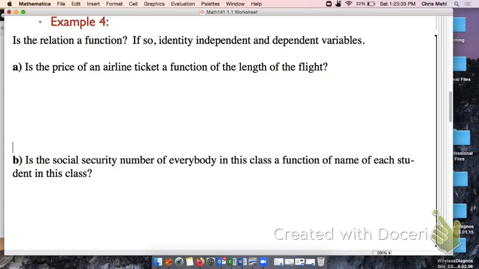In some of the examples following, we will be describing functions by equations or expressions, and I'll also be introducing some notation. Now, is the relation a function? If so, identify the independent and dependent variables.